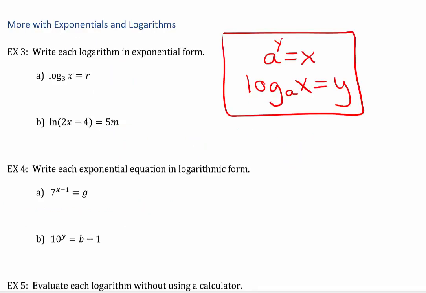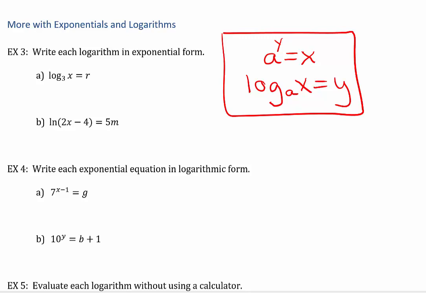The third thing I want to review is working with logarithms and exponentials. Those are things that are going to pop up throughout this course. They're functions that we need to be familiar with. And so on the screen in red, I have the definition of a logarithm written down. Basically, every single logarithm can be written in exponential form, and every single exponential can be written in log form.